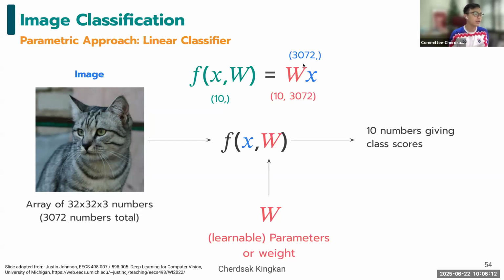And x will be a feature vector of size 3072. So we multiply these two, and we will get the output of 10 numbers, which is a score for each class.